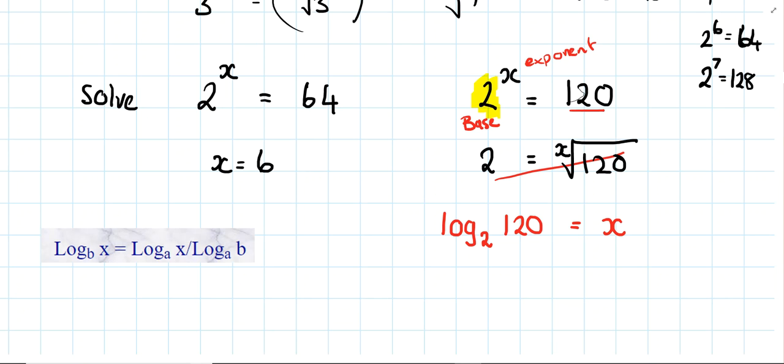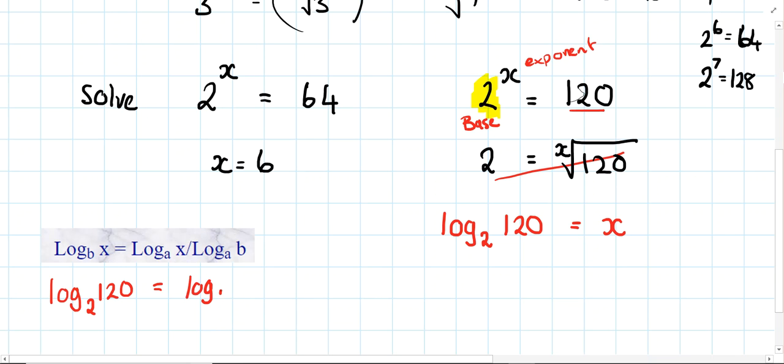But what we can do, this is what we had to do before we had a calculator that would allow us to do it, is a change of base. This change of base formula says if you've got log to the base b of x, for instance log to the base 2 of 120, and my calculator won't tell me, I can rewrite it as log to the base anything.